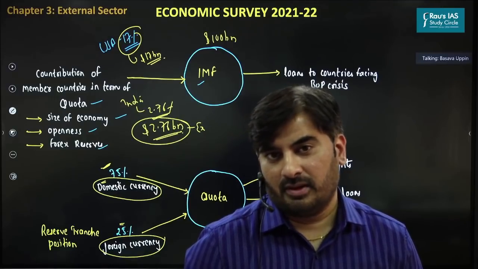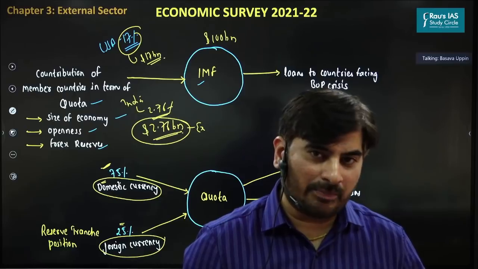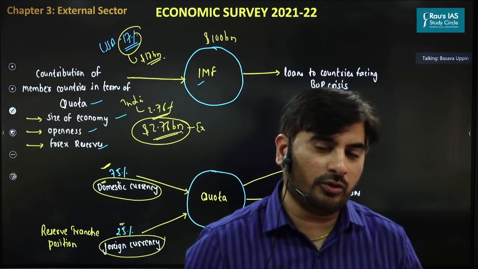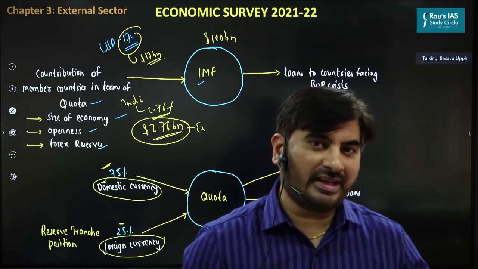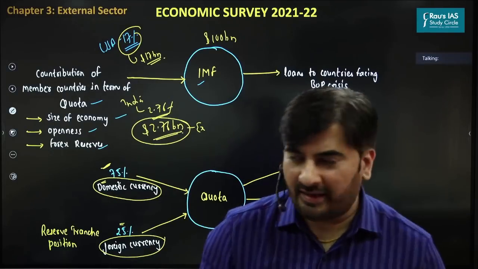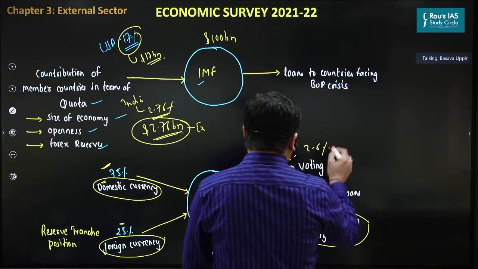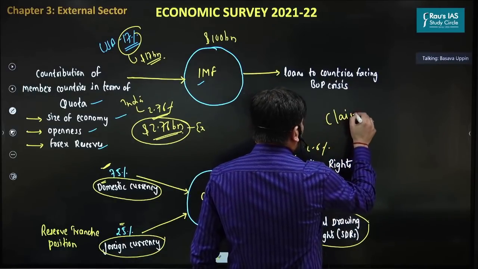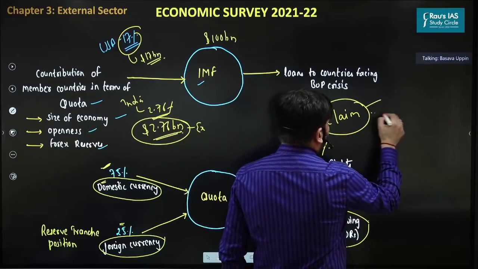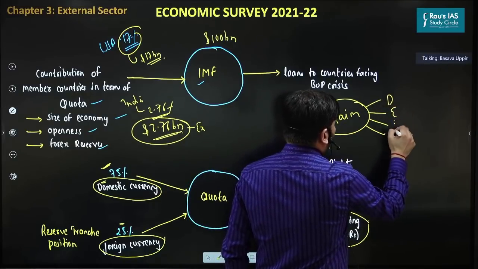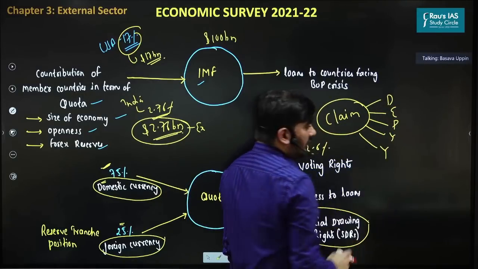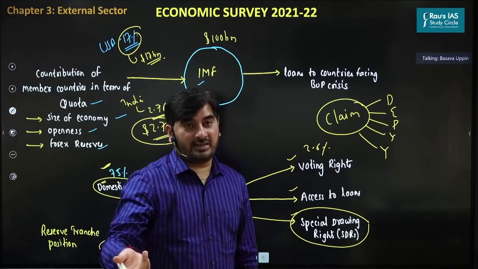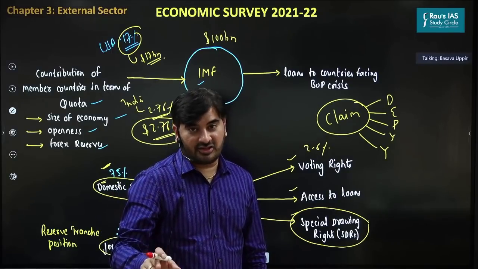And this SDR can be used for multiple purposes. For example, it can be used to repay the loans that we have taken from the IMF. These SDRs are considered to be a claim on the currency, which means the SDR can be easily converted into dollar, euro, pound, yen, and yuan. That is why we call them a claim on the currency. They're not currencies as such.